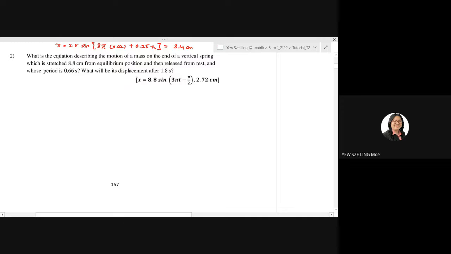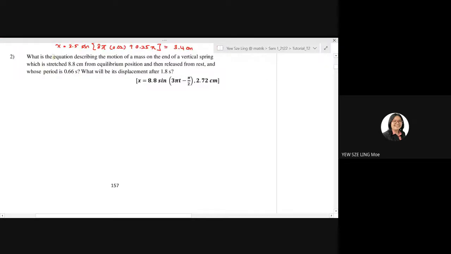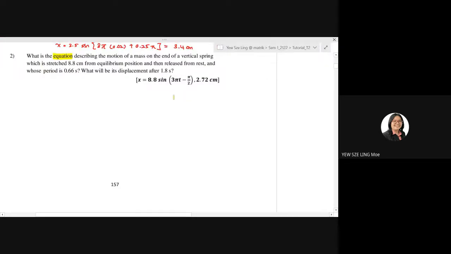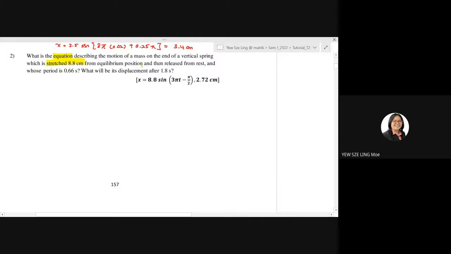Now this question asks you for the equation. It tells you that you stretch 8.8 cm from equilibrium position and then release it, which means your object starts from maximum displacement. You release it from a maximum displacement.